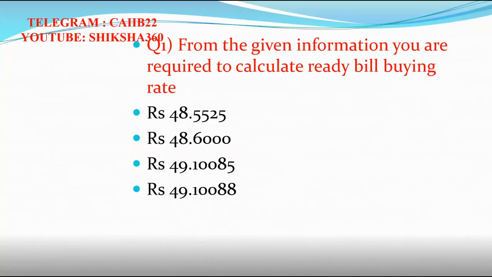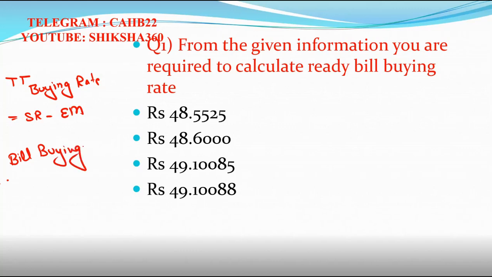Before moving towards the question, here we have 2 points. First is the TT buying rate, which is simply spot rate minus exchange margin. Second, which they are asking here, is the bill buying rate.